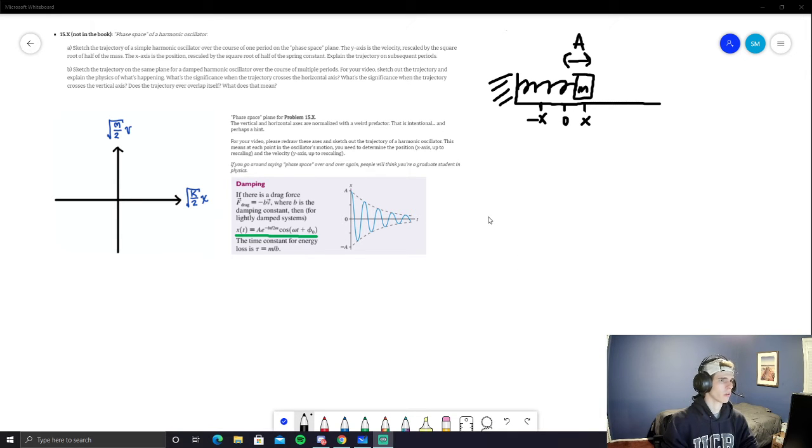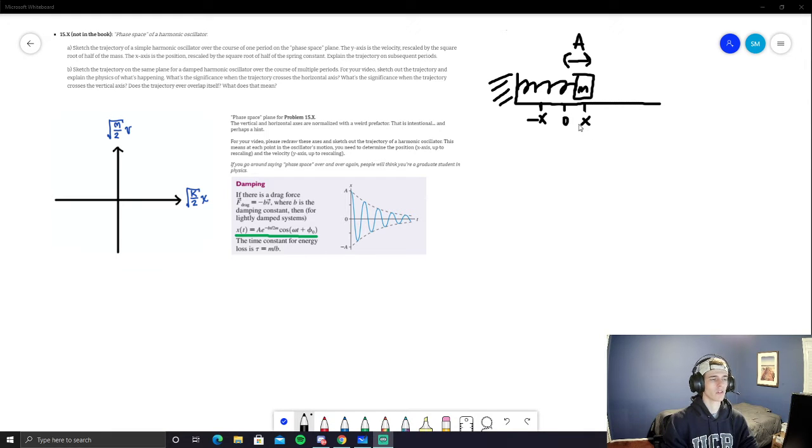Alright, so the way I'm going to explain this is using the most basic form of simple harmonic motion, which is a spring on a level surface. So when you have an object pulled some x amount, you know that it's going to just oscillate back and forth between this x position and negative x.